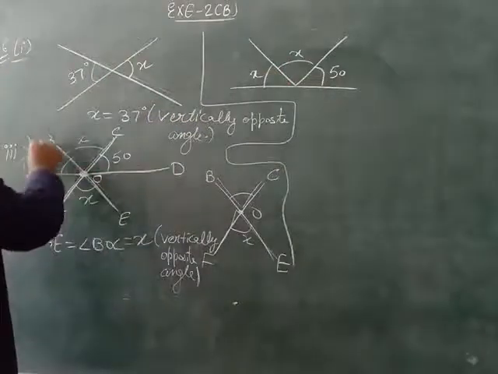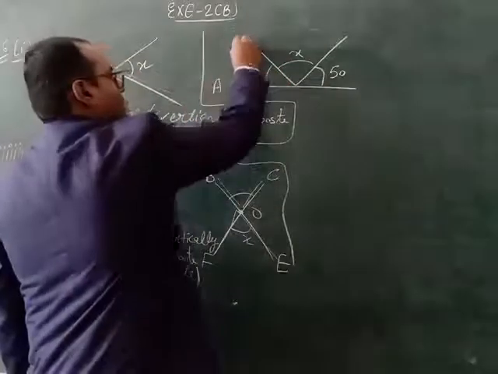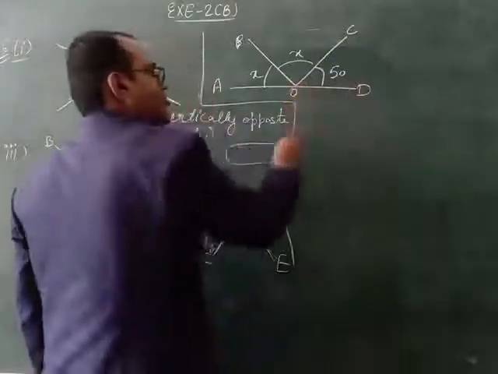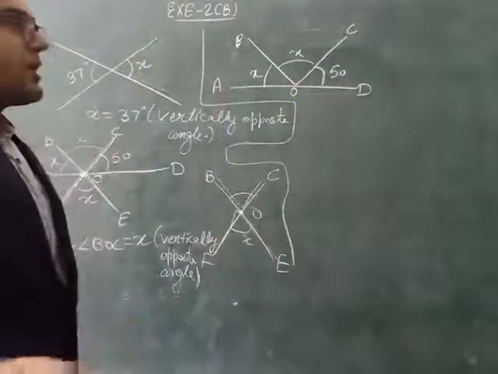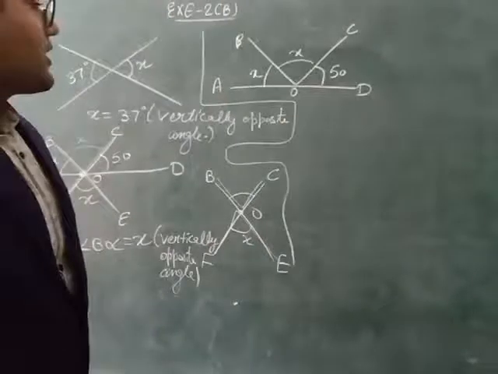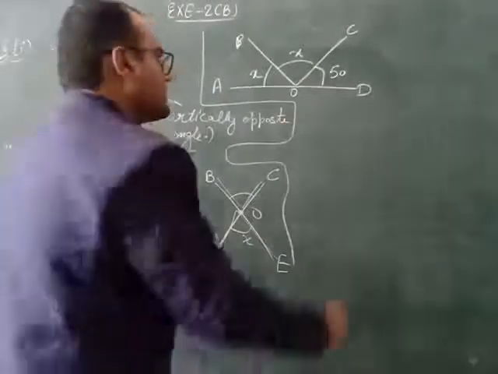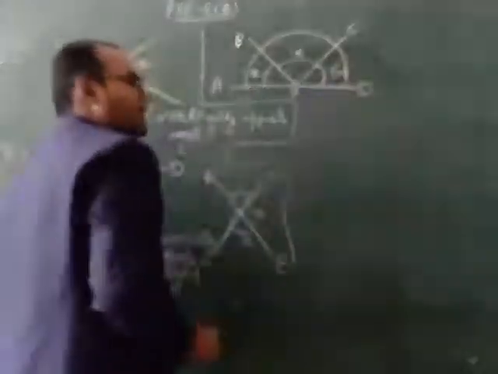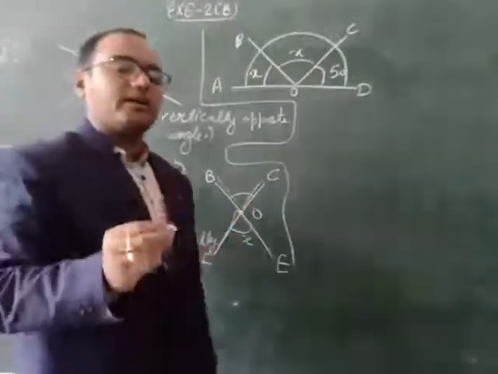Vertices names are given A, B, C, D and O. This is the figure. Here we have to use the angle on a straight line property. This is the straight line and this is the half circle. The value of the half circle is 180 degree.